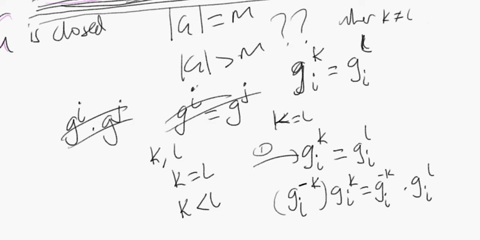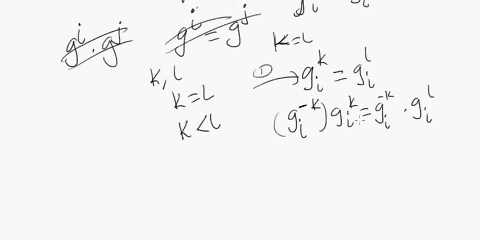So what's g sub i to the minus k times g sub i to the k? Well, that just gives us the identity. Okay, we now have the identity. So now we have g sub i to the l minus k.